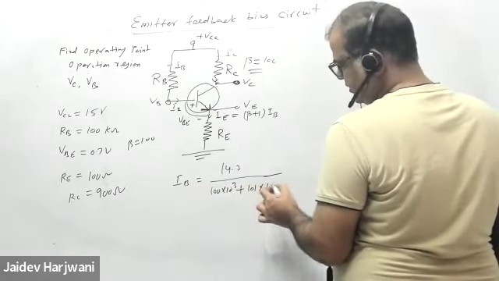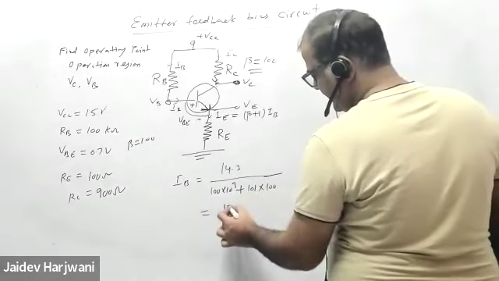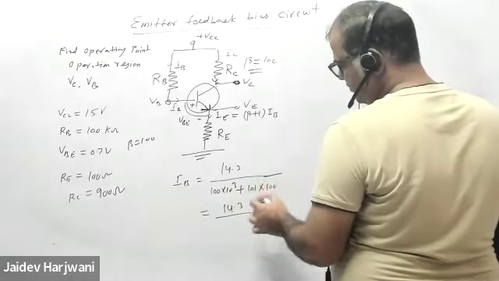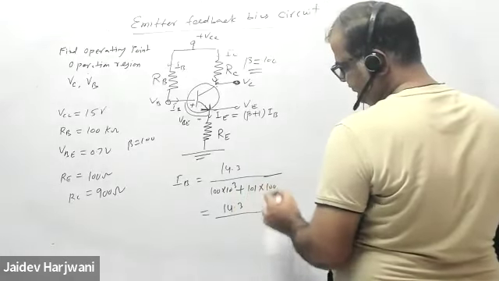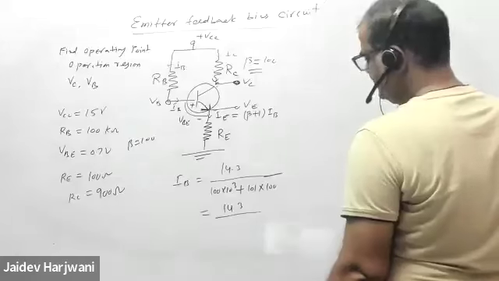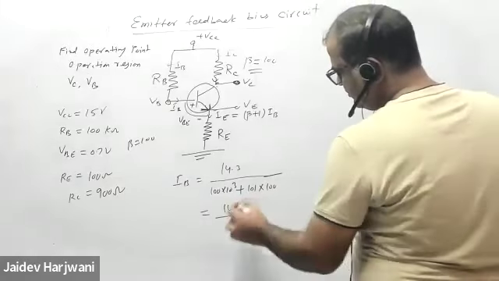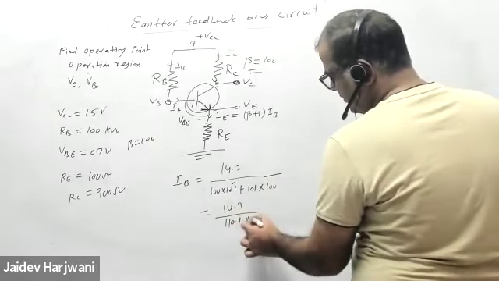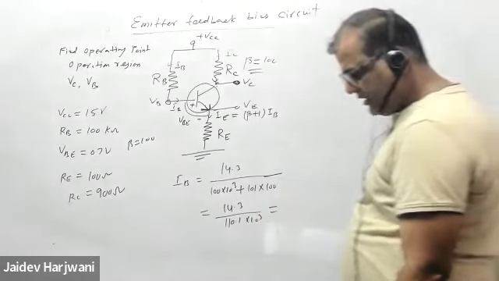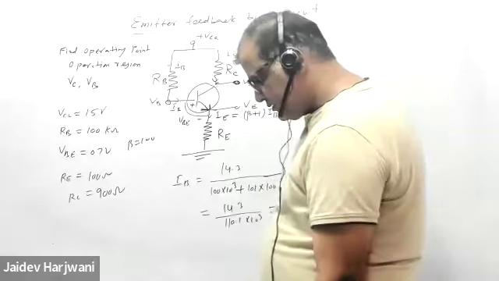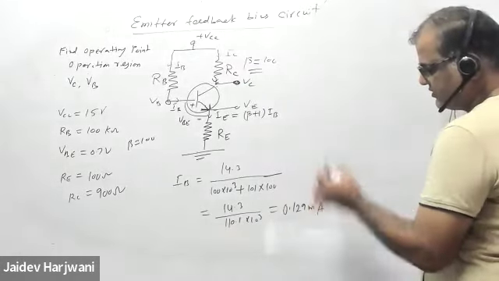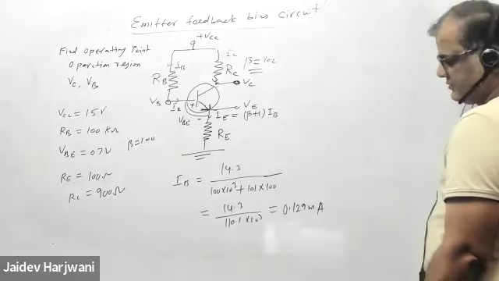RE is 100, so this is 100 kilo ohm plus 10.1 kilo ohm, so 110.1 kilo ohm. So tell me the value of IB. 0.129 milliampere, I have this. You can tell me what is exact.